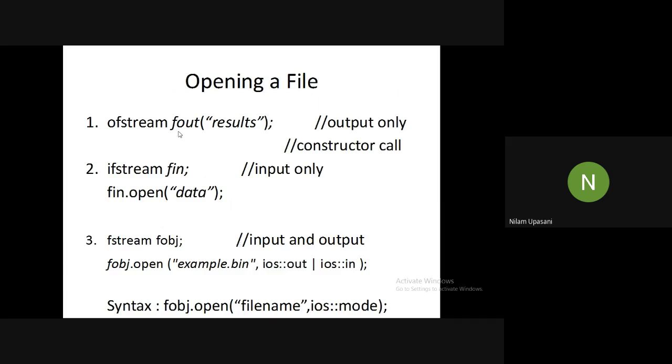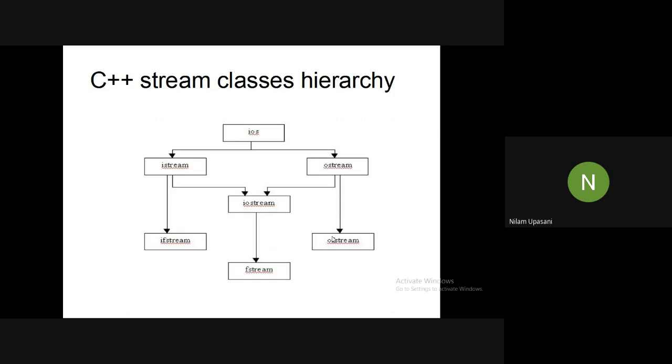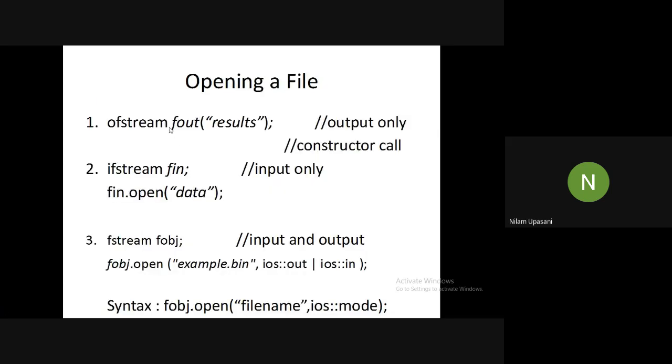So here, I have considered the ofstream class, and this is the name of that object. fout is the name of the object that I have given. In the parenthesis I have mentioned the actual name of the file. So results is the name of that file, which is stored in the same location, the current location where your C++ program is. This file I want to open in output mode, that is, I want to write something into that file.